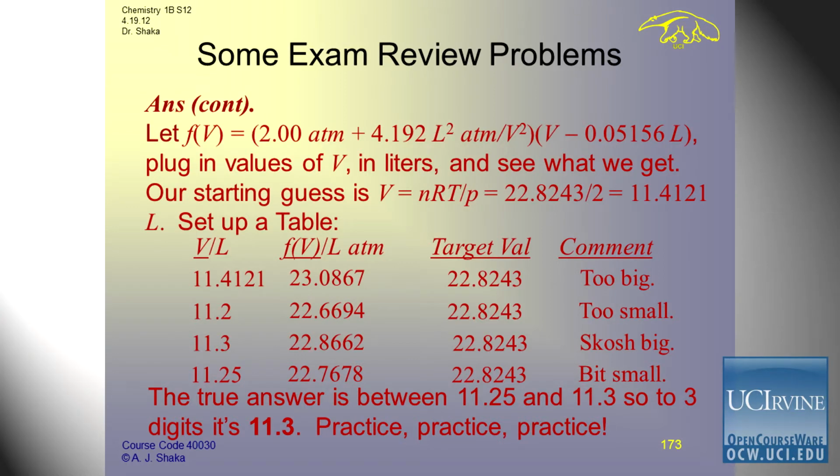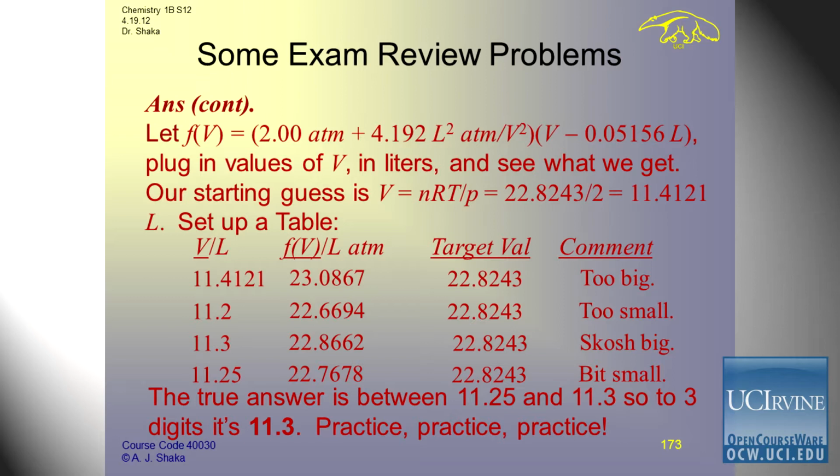When we do volume based on the ideal gas law, that's 11.4121. And the function, when we plug volume into our function, is 23.0867 liters ATM. Our target value, which is nRT, right? We're trying to get PV equals nRT.